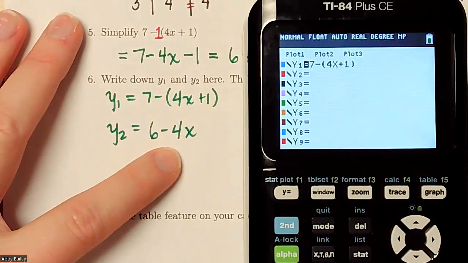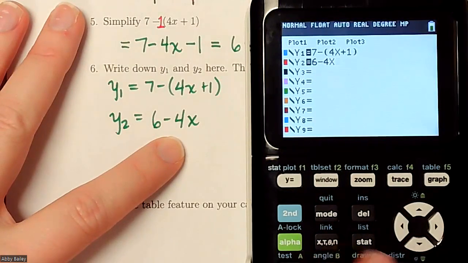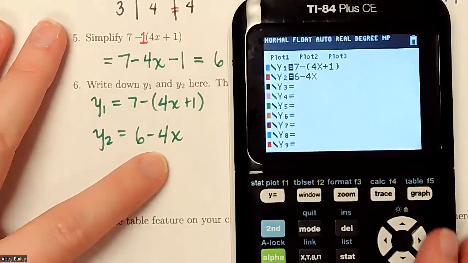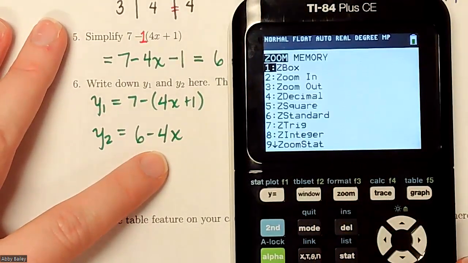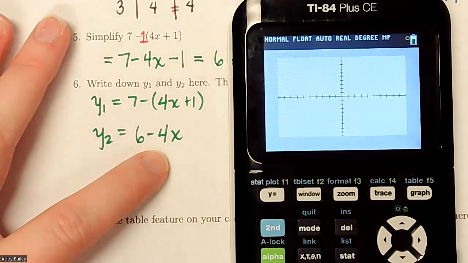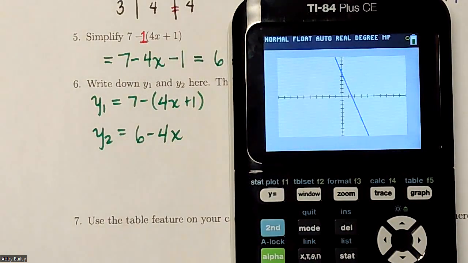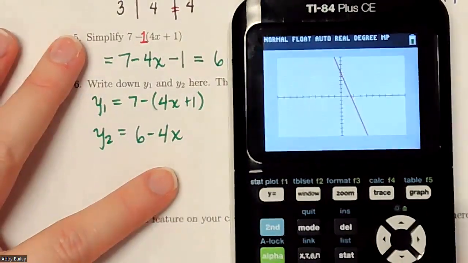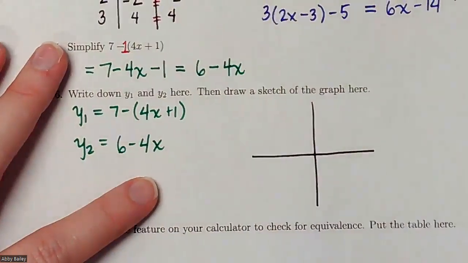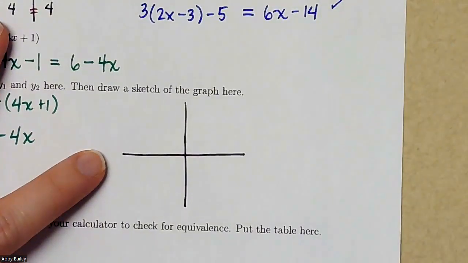Enter. 6, take away 4x. Enter. And I'm going to zoom down to standard and hit enter. Here we go. Here comes the first one. Voila, blue. And yeah, did it right. Matchy, matchy.